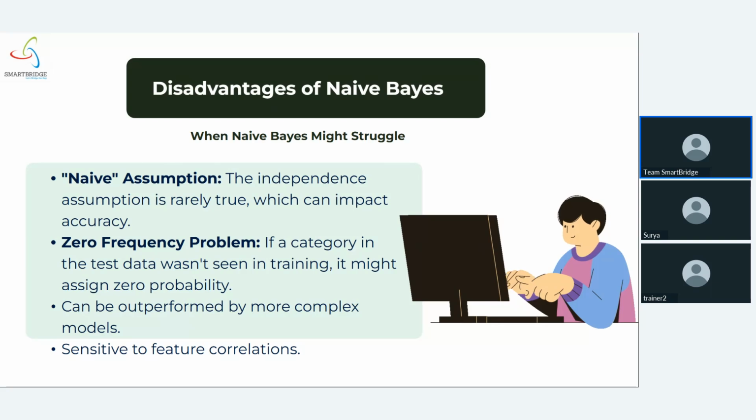And the naive assumption that we are making is the independence assumption. As we are discussing this example of cricket, this independence assumption will be true, but only sometimes. When multiple players hit centuries, it is most likely that the match is won by the team that had more centuries.